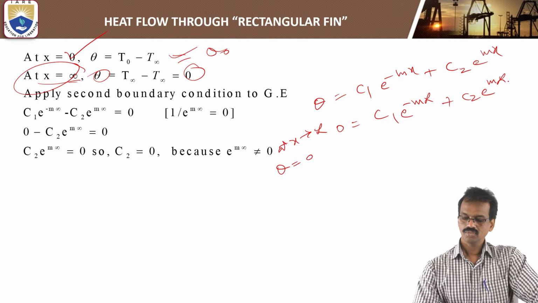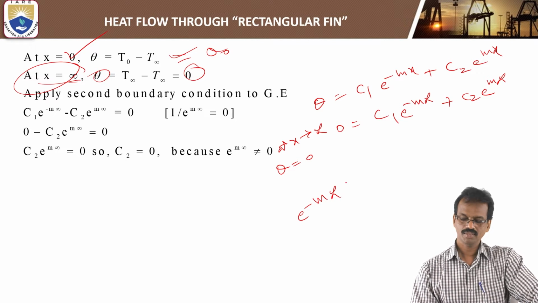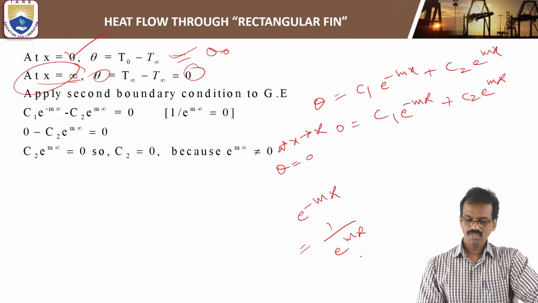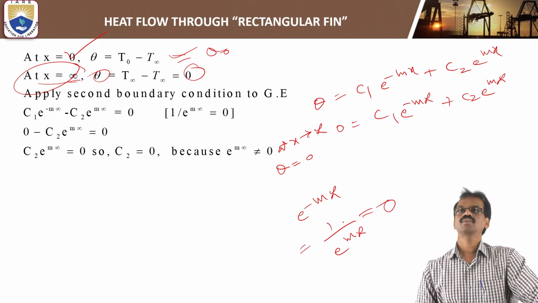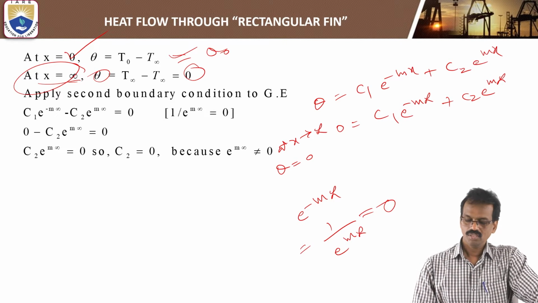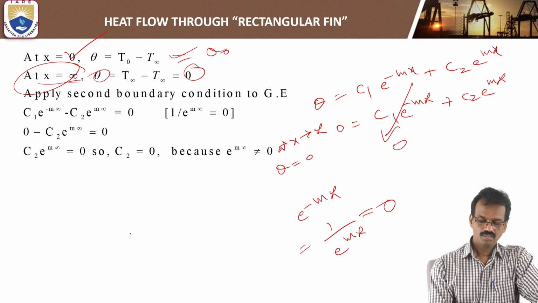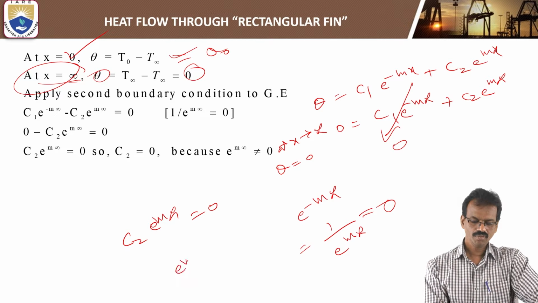Here e to the power of minus m infinity, you can write as 1 by e to the power of m infinity, and that value is equal to 0. You know that. So this term will be 0. Then C2 e to the power of m infinity is equal to 0. You know that e to the power of m infinity never equals 0.